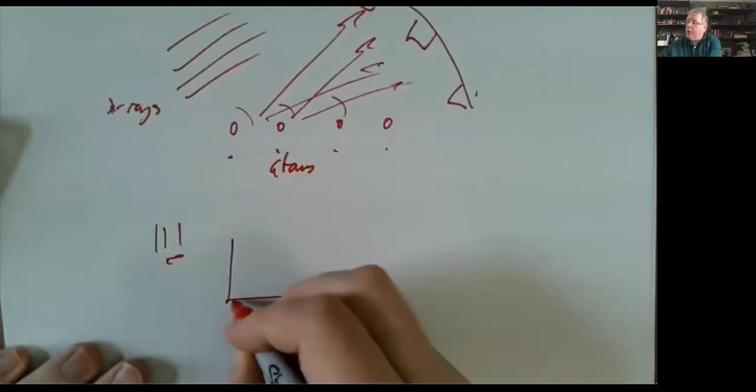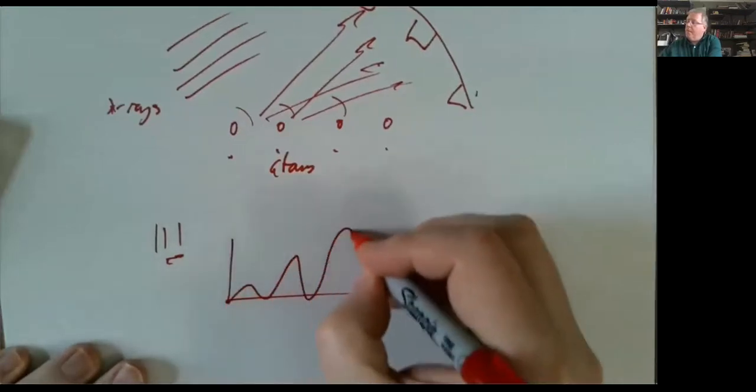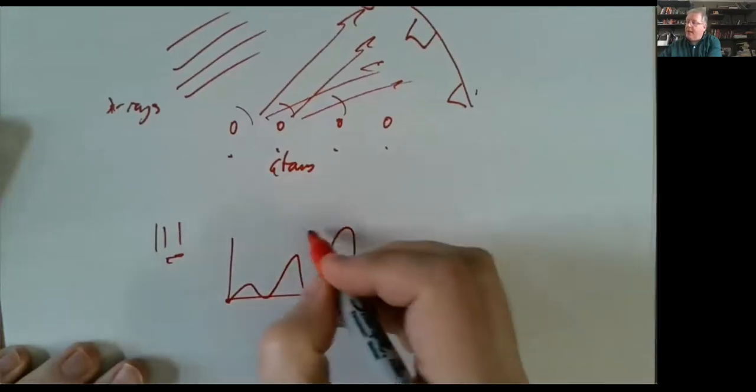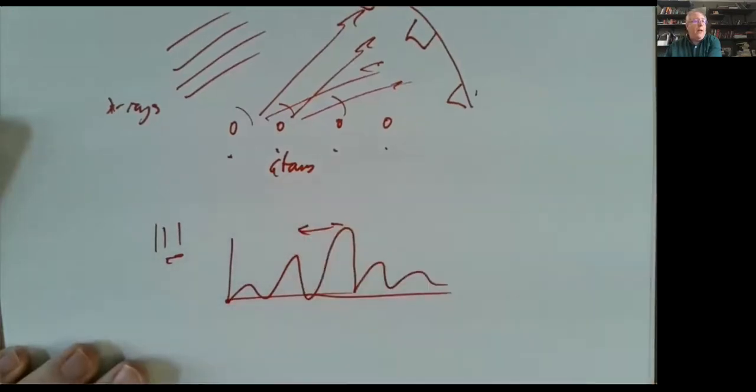Or I might give you a picture that looks like this. The distance between these peaks tells you about the wavelength, or about the distance between the slits. So expect a question like that.